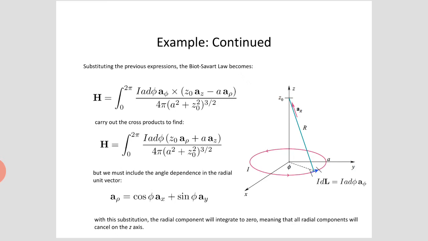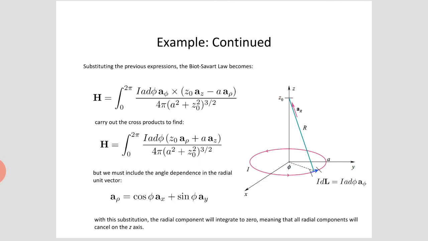After carrying out the cross product in the numerator, what remains, as you can observe in the equation, is the integration over 0 to 2 pi of I a d phi into bracket z naught a rho plus a az, divided by 4 pi a square plus z naught square raised to 3 by 2.